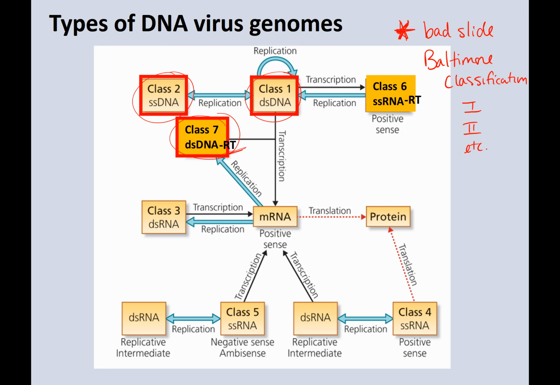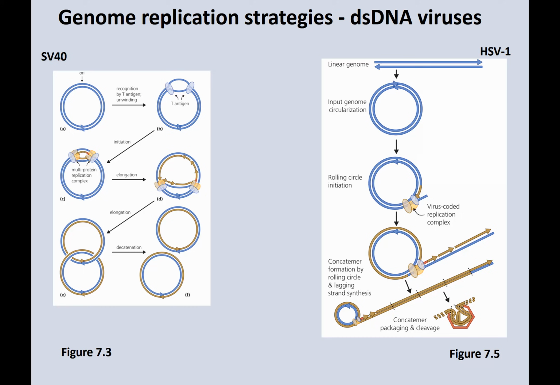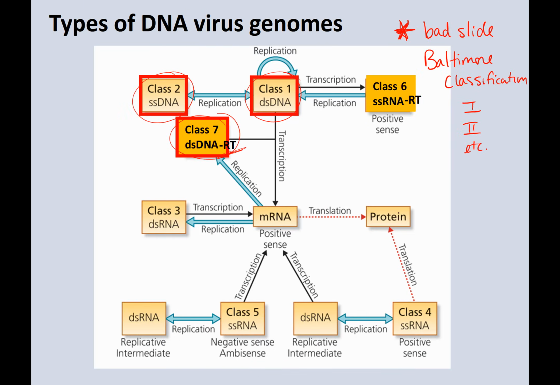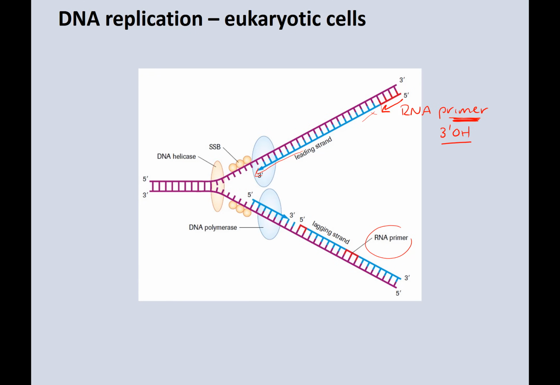Okay, so we're going to look at some of the strategies for these different classes of viruses. So this is class I. These are double-stranded DNA viruses. And the easiest way to avoid the end replication issue, and that's really what I'm focusing on here, because what you figure out for each of your individual viruses is what kind of proteins they encode. So do they encode their own helicase?